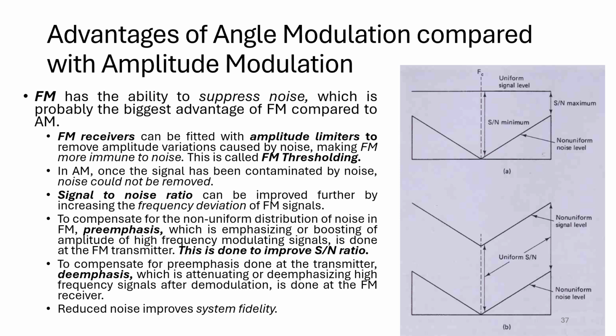Okay, so this reduces noise, which improves the system fidelity. So this is the secret for why FM is best in the ability to suppress noise compared to AM. It has pre-emphasis at the transmitter and then de-emphasis at the receiver.